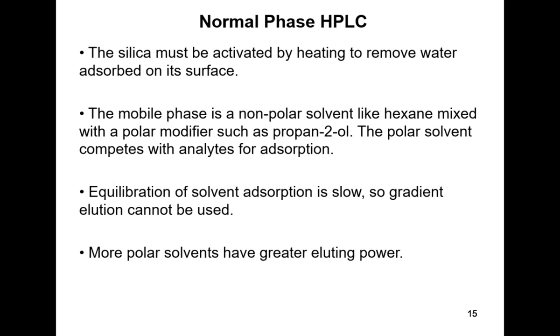But this process of reaching an equilibrium between being bound to the surface and in solution is relatively slow. So it means that you can't change the mobile phase during a run because it just takes too long for the molecules to react to that change, and you broaden out the peaks.